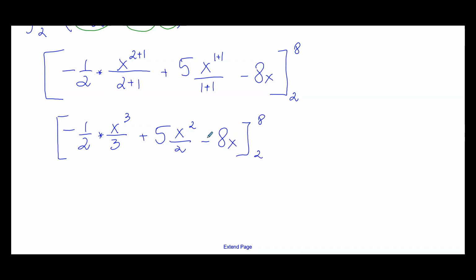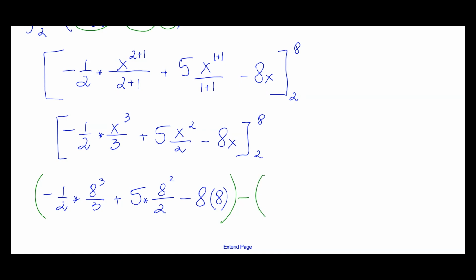So now we are taking this function and replacing x with the higher interval, and then 5 multiplied, instead of x, 8 to the power of 2 over 2. That's a multiplication sign here. Minus 8 multiplied by 8. So that's one part.